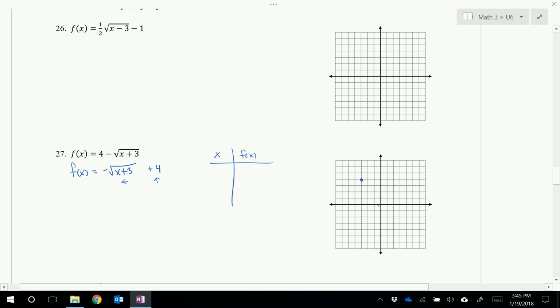So we know what happens when x is at -3. So let's try -2. We get 4 minus the square root of 1, or 4 minus 1, which is 3.